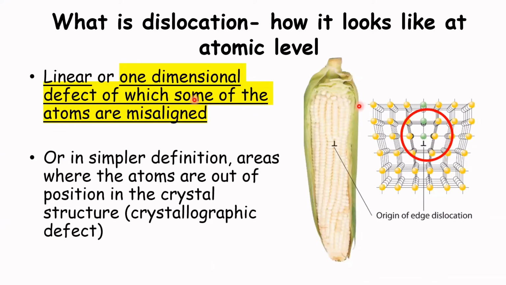So we can say that dislocation is a linear or one-dimensional defect of which some of the atoms are misaligned, or in a simpler definition, dislocation is an area where the atoms are out of position, like what we see in the kernel arrangement of cone in the crystal structure or crystallographic defect.